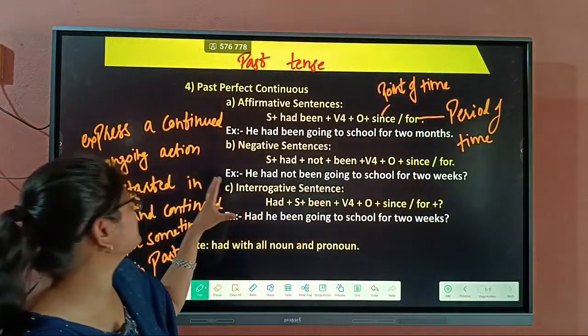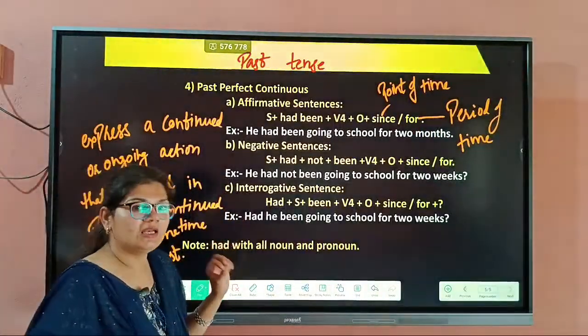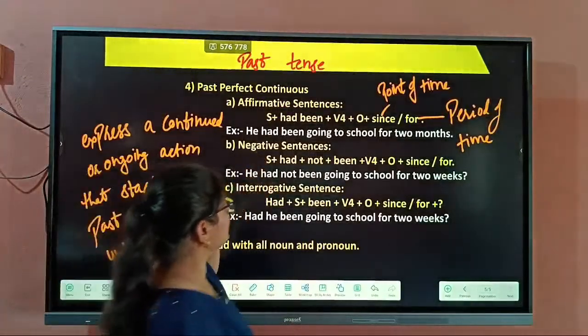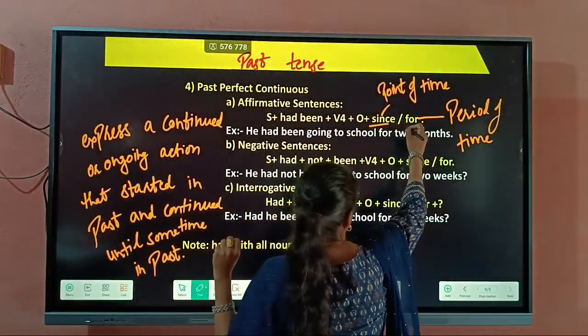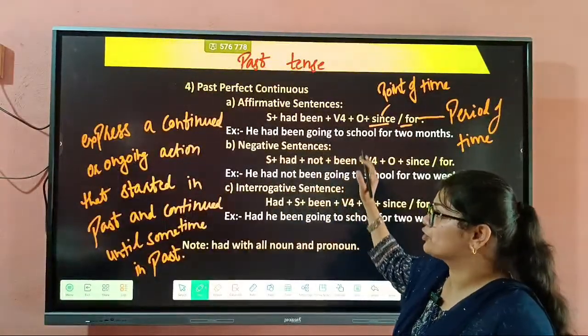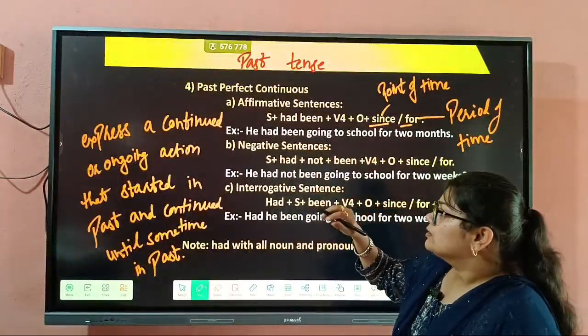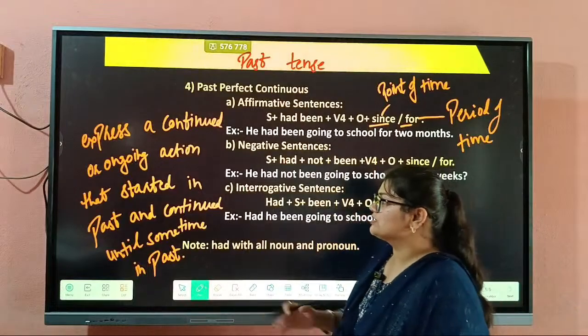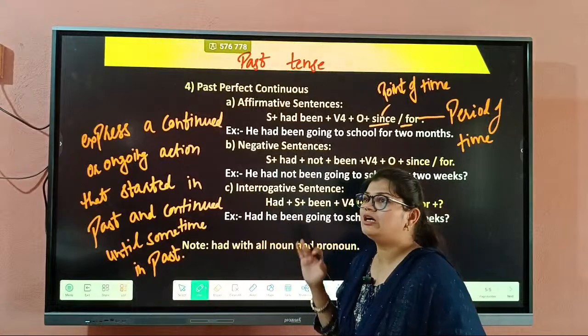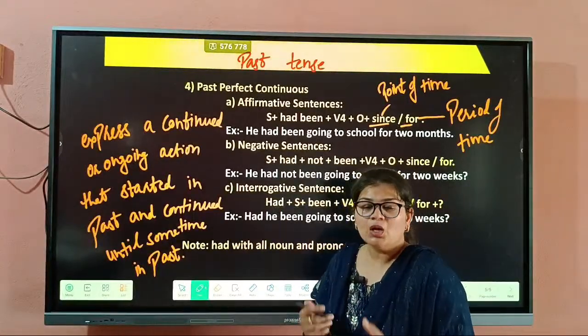Now, the last one, that is the past perfect continuous tense. In it, there is since and for. Okay, first we will discuss the definition of the past perfect continuous. An ongoing action that started in the past and continued until some time.